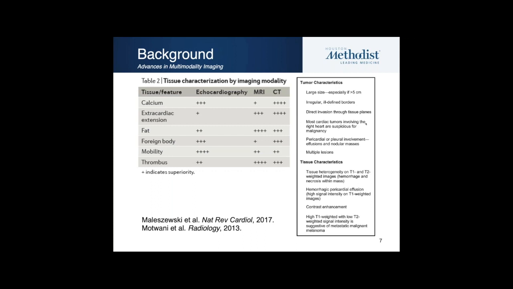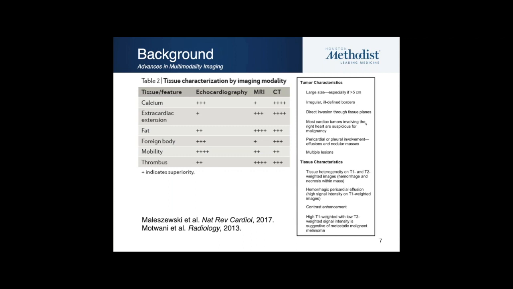in contrast to tissue characteristics, looking at certain differences in weighting, like tissue heterogeneity on T1 and T2 weighted images. So T1 is more water specific, T2 you can see both fat and water, and then fat suppression, cine stacking imaging, to looking at the size of the mass as well.